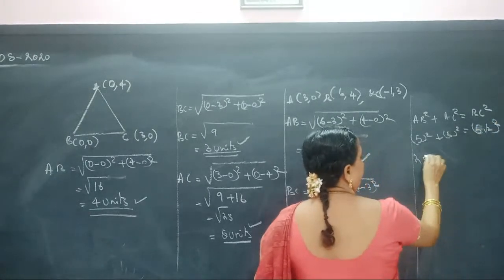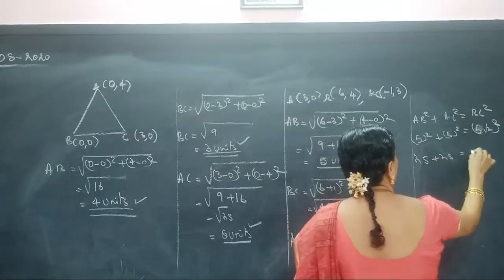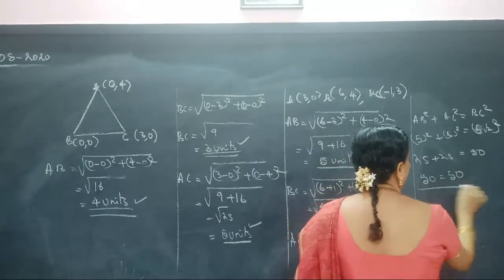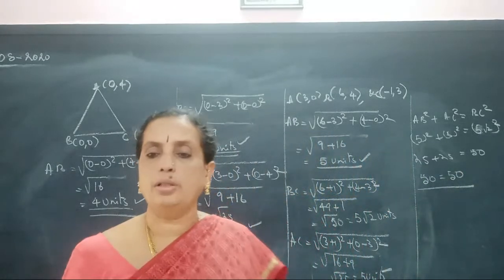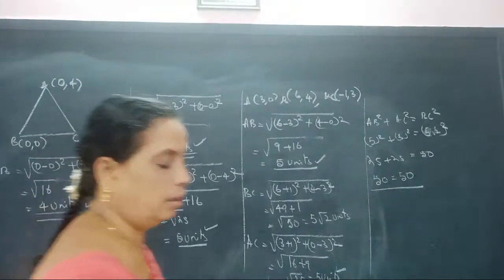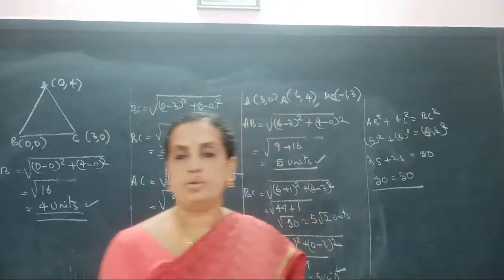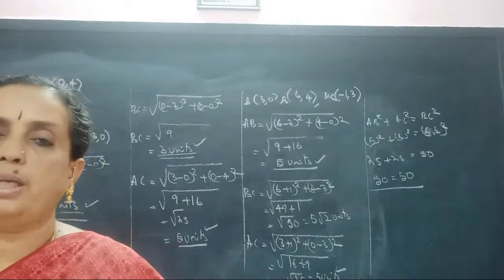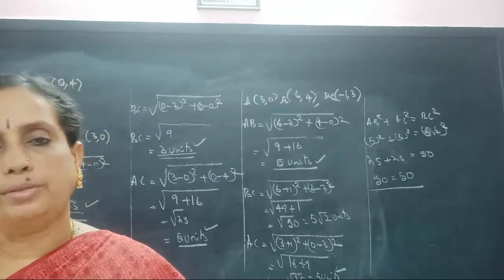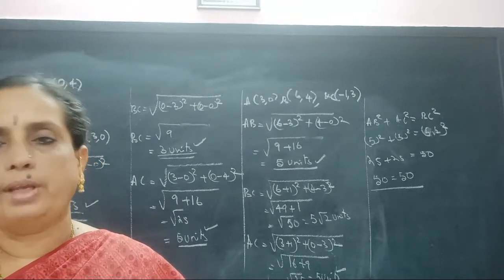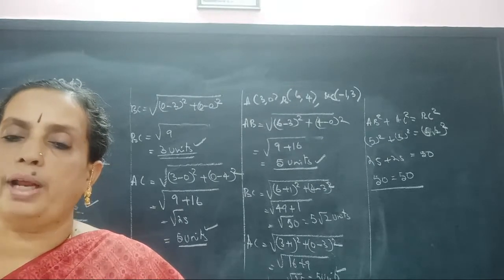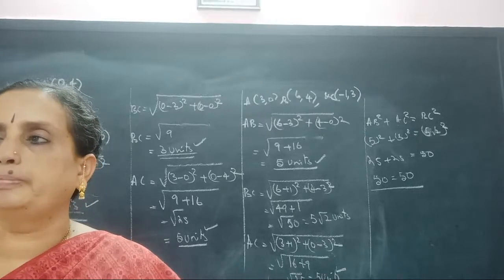That is 25 plus 25 equals 50. 50 equals 50. Then your conclusion: they are the vertices of a right isosceles triangle. They satisfy the Pythagoras relation, and among the three sides, two sides are equal in measure. So they are the vertices of a right isosceles triangle.